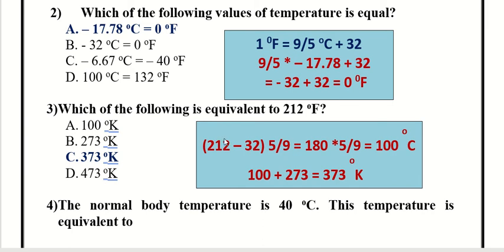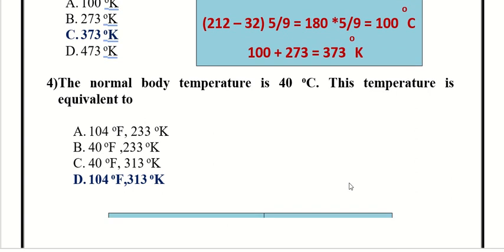This is the conversion from Fahrenheit into Celsius, and it is equivalent to 100 degrees Celsius. And by adding 273 we can get the value in Kelvin. By logic, 100 degrees Celsius is equivalent to 212 degrees Fahrenheit and equivalent to 373 degrees Kelvin.